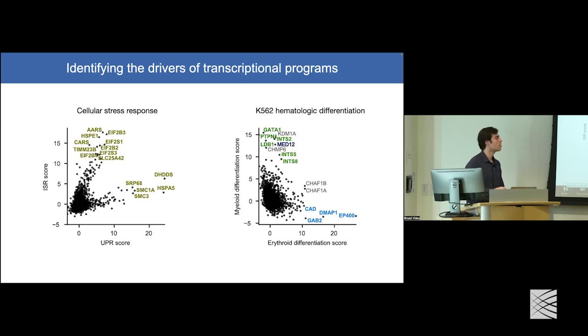And K562s are part of the way down a hematologic differentiation hierarchy where they're kind of stuck because they're leukemia cells, and we found perturbations that drive them toward an erythroid fate, and also perturbations that drive them to a more myeloid fate.